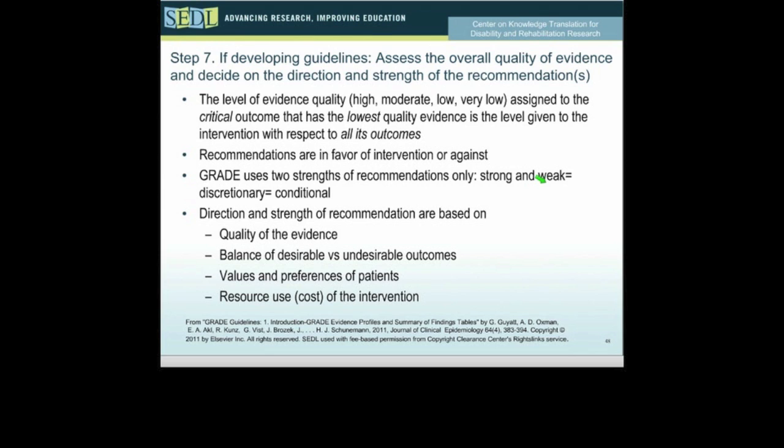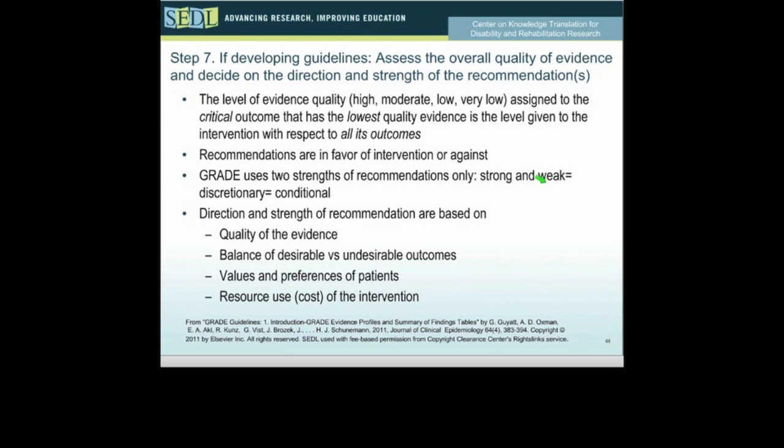You make a recommendation, as I said before, in favor of the treatment or against the treatment. You do that in 2 strengths of recommendation, as opposed to, say, AAN, where they have essentially 3 and 1: strong and weak, or as they also call them, discretionary and conditional.